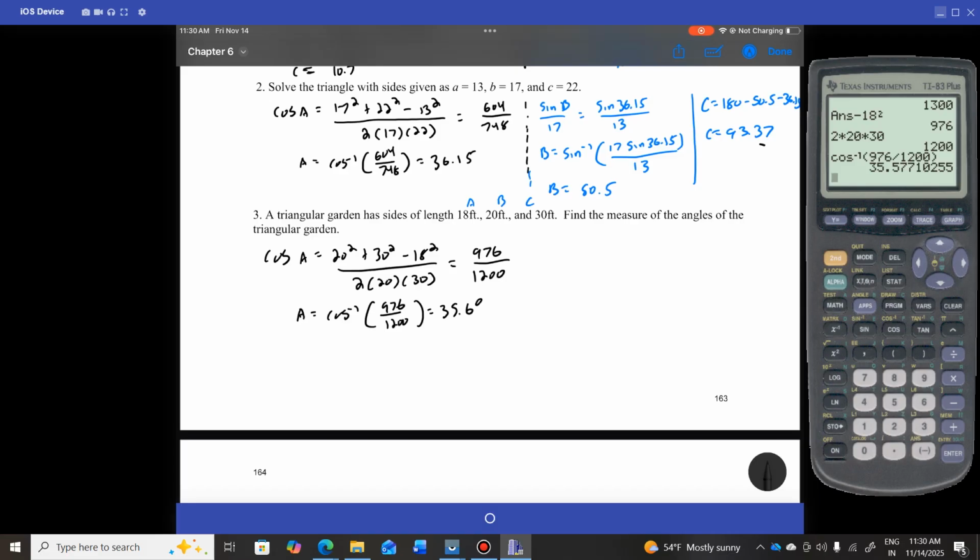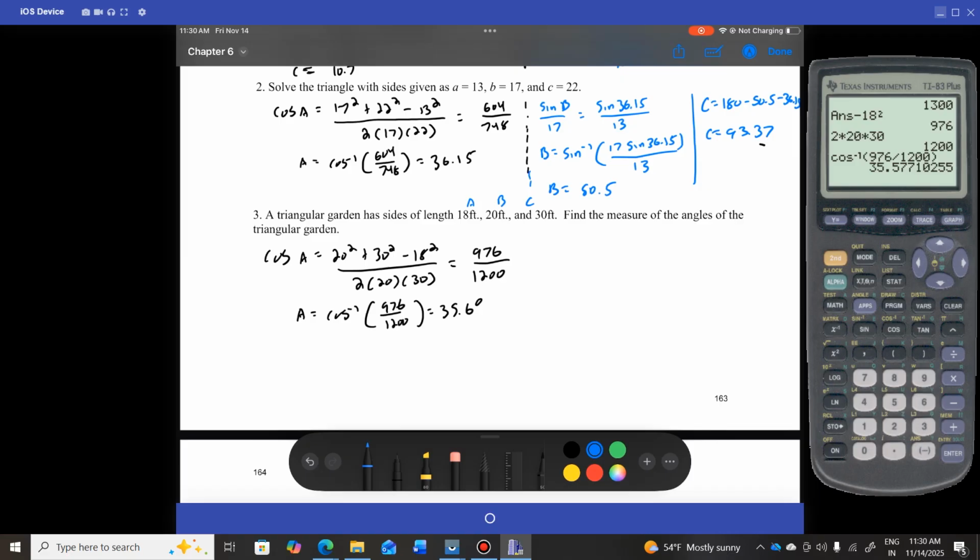Right. Then we go to our law of sines. So sine of B over 20 is sine of 35.6 over 18. So B is inverse sine of 35.6 over 18 times 20. 20 on the outside there.